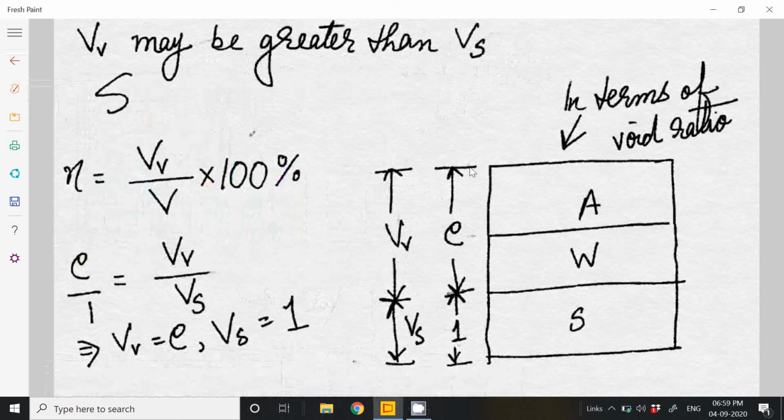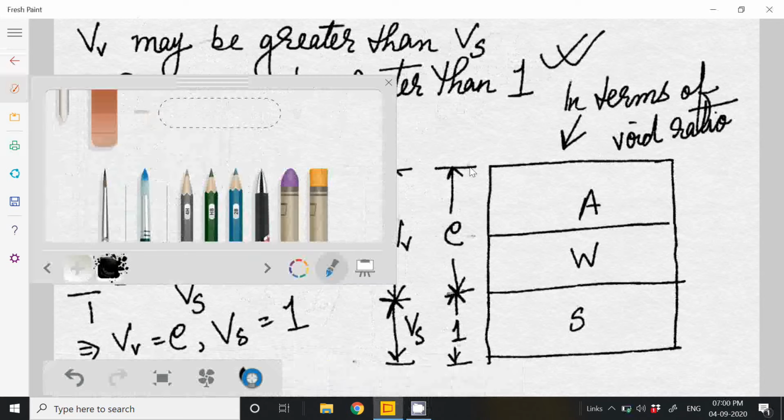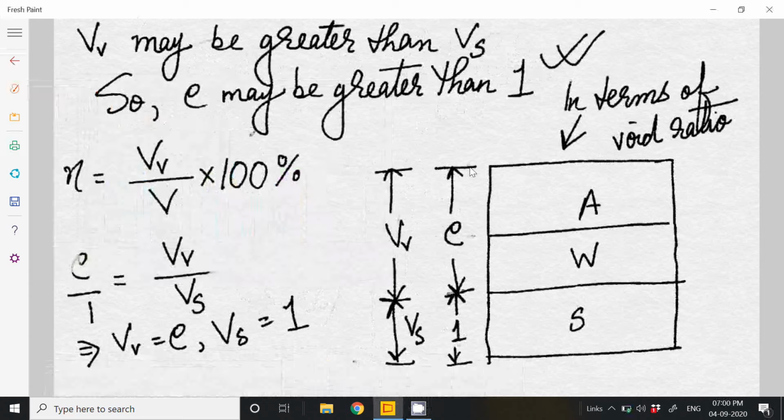So e may be greater than 1. So this is something that you need to keep in mind. e may be greater than 1. Now let me go to the porosity.